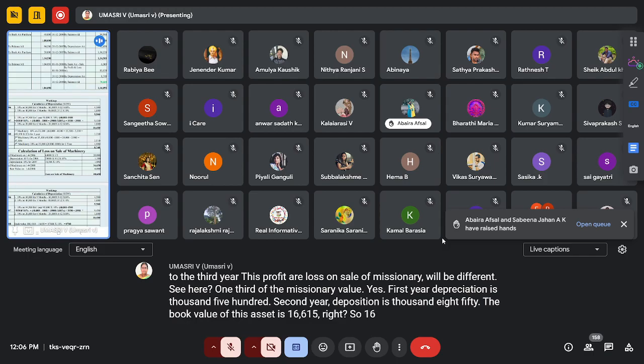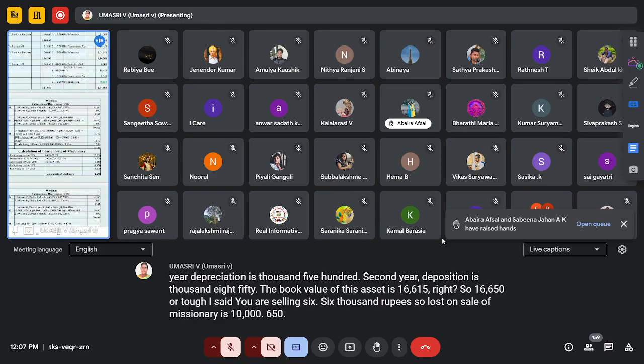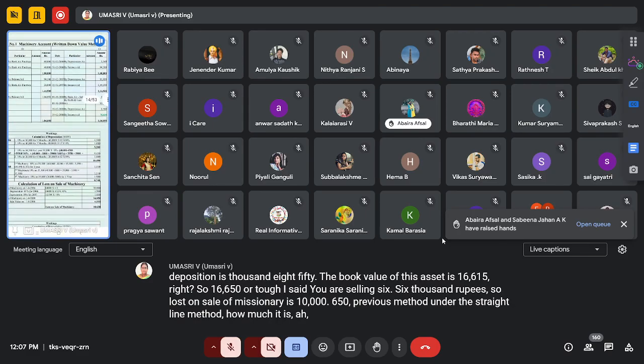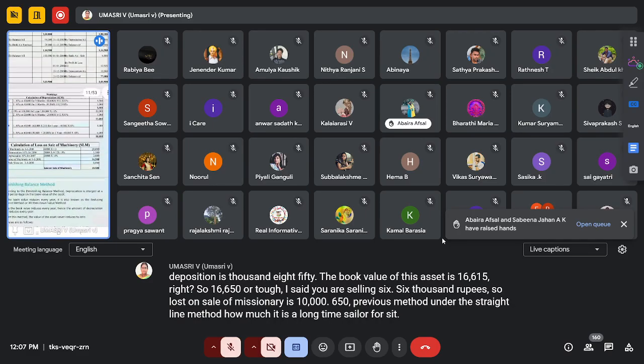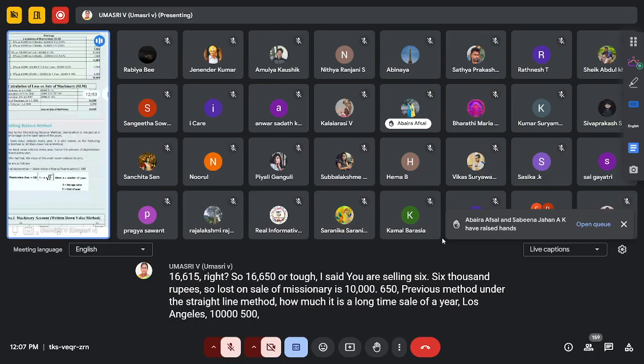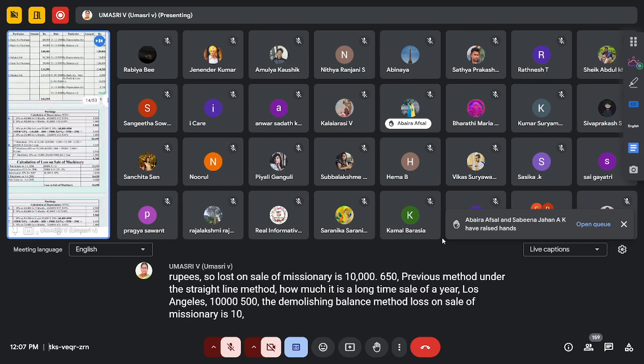So 16,650 worth of asset you are selling for 6,000 rupees. So the loss on sale of machinery is 10,650. Previous method, under the straight line method, how much was the loss on sale of asset? See here, loss on sale of asset 10,500. Under the diminishing balance method, loss on sale of machinery is 10,650.